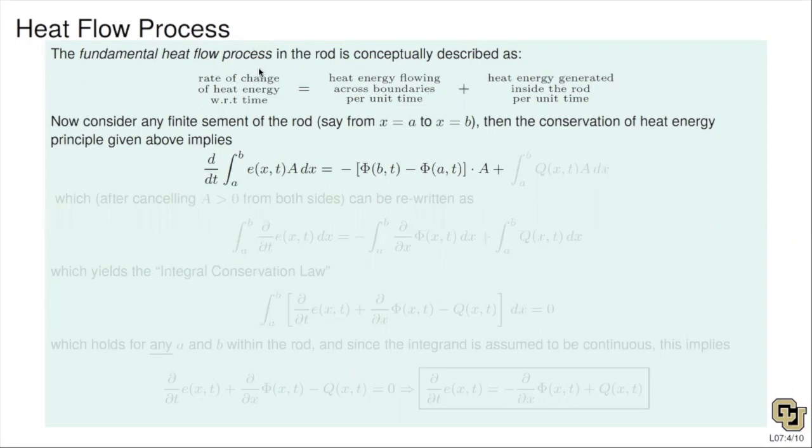Before, instead of b here, we had x plus delta x, and here we had x. Now we go all the way to a and all the way to b. You can basically sum each of the delta x slices and get this expression, times A, for the heat energy, plus the heat energy generated inside the rod, if any.